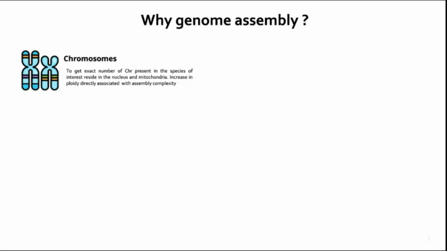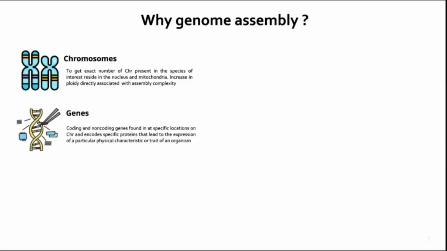That is one of the reasons. Then the genes are necessary: after getting the assembly, we have to know all about the genic information. And I will add one more point: nowadays the non-coding part also plays a role, so genes plus non-coding RNA are part of that genome.